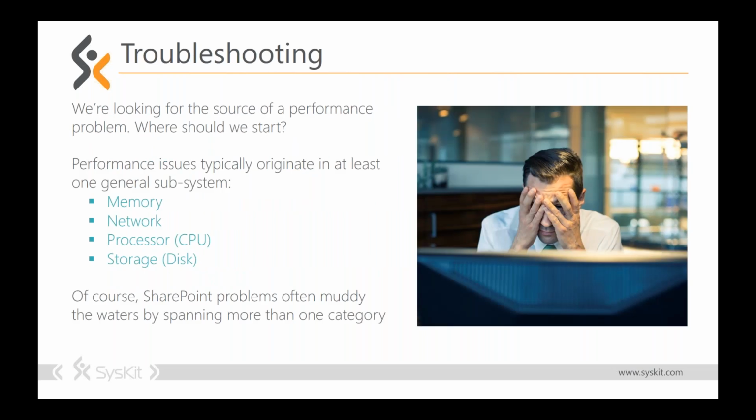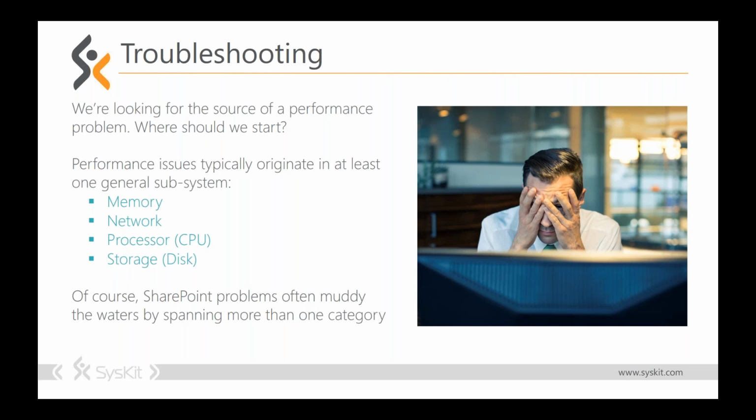So where should you start? Well, first of all, it's worth taking a step back and thinking about where performance issues originate. Now, most performance issues typically originate in one general subsystem. They may, of course, span more because this is SharePoint. SharePoint does everything its own unique way.